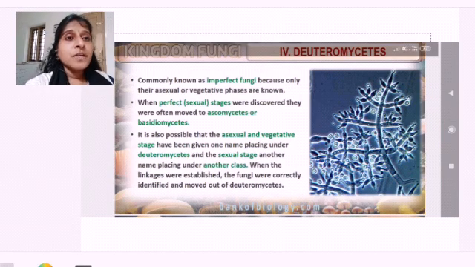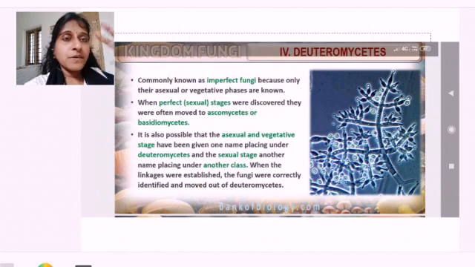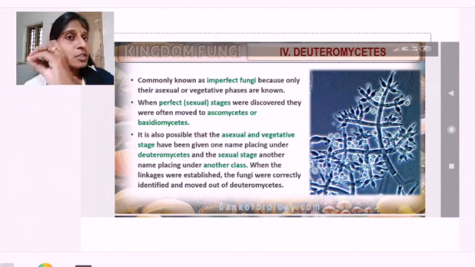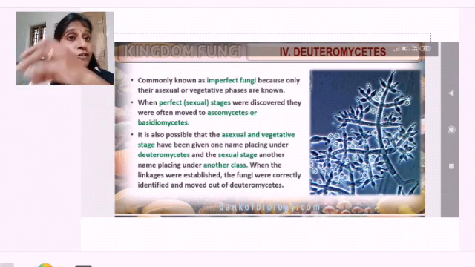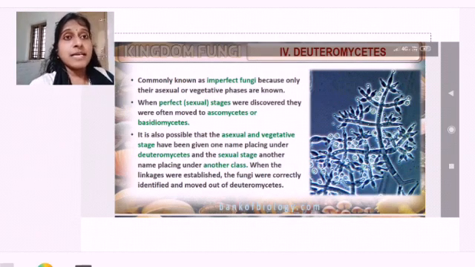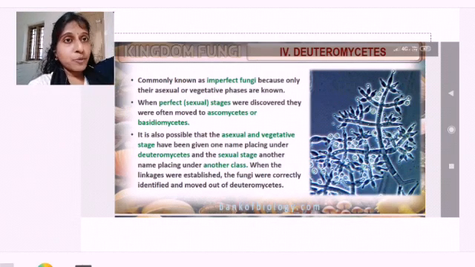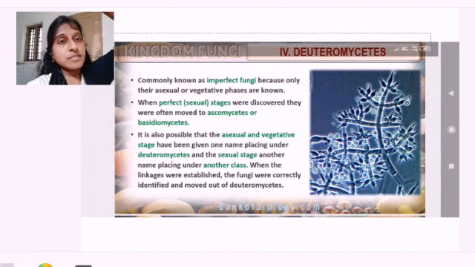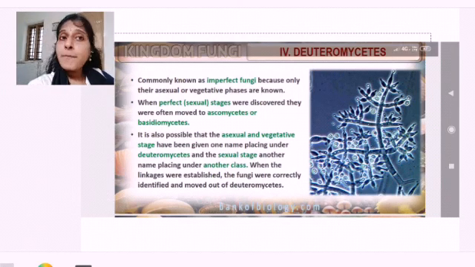Whenever we find that fungi do not have sexual organs, or they are not functioning properly, we put them in Deuteromycetes. After putting them there, if I find out that sexual reproduction is taking place, then I will learn whether it is a basidium or an ascus. Then I will take them and put them in Phycomycetes, Ascomycetes or Basidiomycetes.